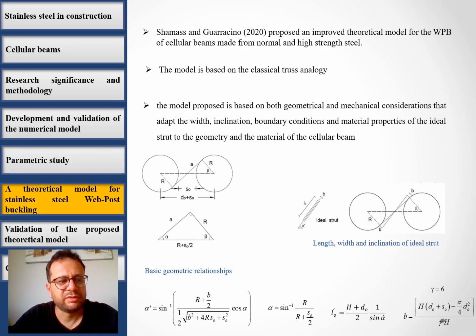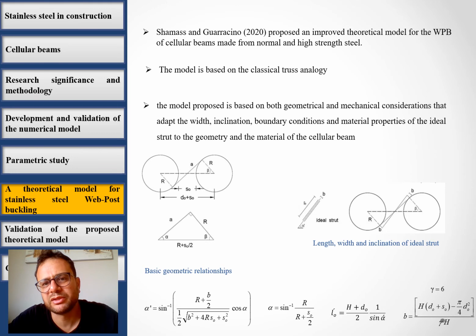And as we said before, the analytical model considered for the cellular beam is a high strength, normal strength steel model. So we propose, in a different paper published by Shamass and Guarracino 2020, an improved theoretical model for web post buckling of cellular beams made of normal and high strength steel.